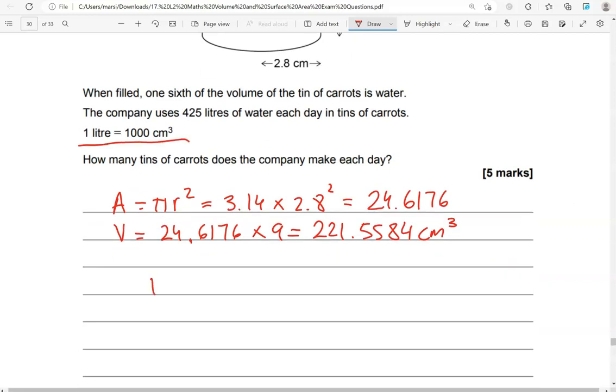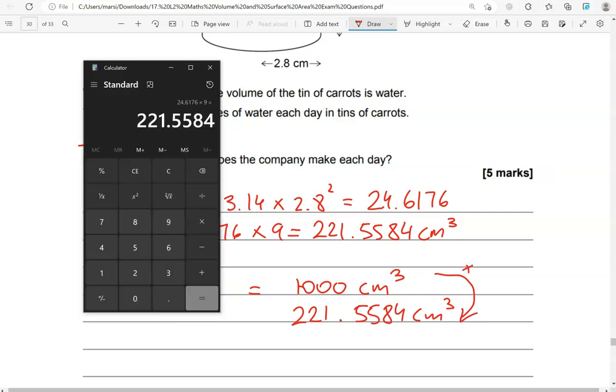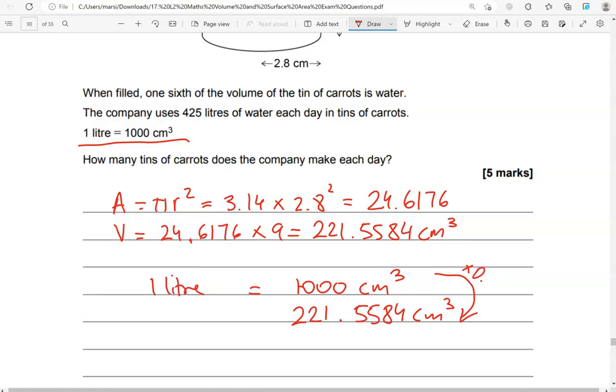1 liter is equal to 1000 cubic centimeters. What about 221.5584 cubic centimeters? So what do we multiply 1000 by to get to this number? So we're going to do 221.5584 divided by 1000, which is 0.2215584.